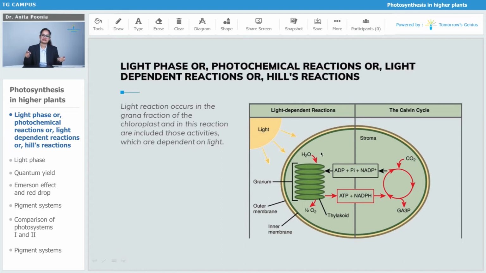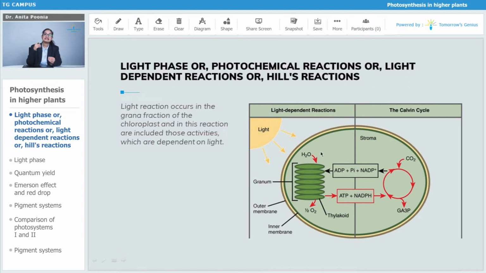As the name suggests, it's a light reaction, so light has to do something with it, right? Light reaction is a type of reaction that occurs in the light. It occurs in the grana fraction of the chloroplast, and it includes those activities which are completely dependent on light.